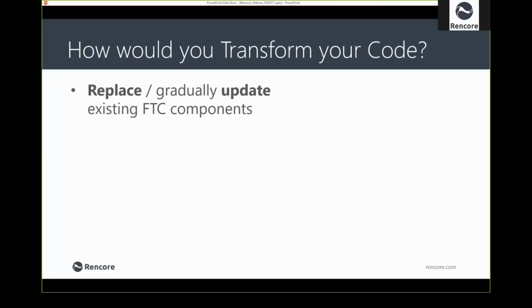Now, how would you transform your code? You have this enormous code base, you have all these assemblies, all these solutions. And this assumes that you have access to the source code. There are many customers I know that run solutions where they don't actually have access to the source code anymore. They have WSP files deployed to the SharePoint server that have been developed maybe in the past by a consultant, and that consultant deployed that solution.